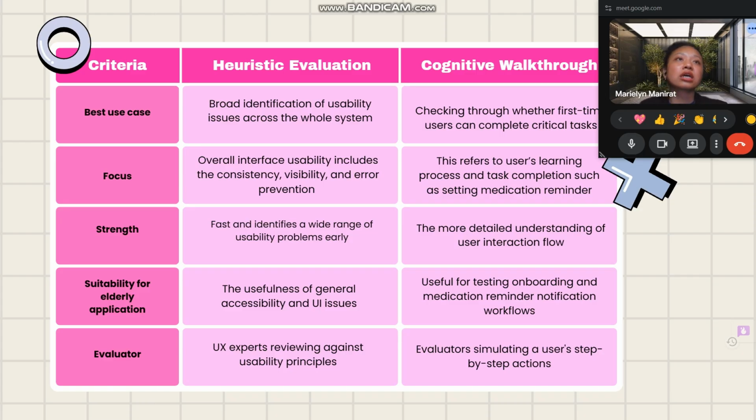And the last criteria for this debate between heuristic evaluation and cognitive walkthrough is the evaluator.